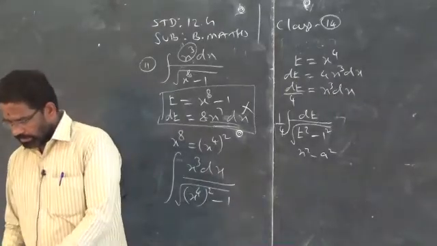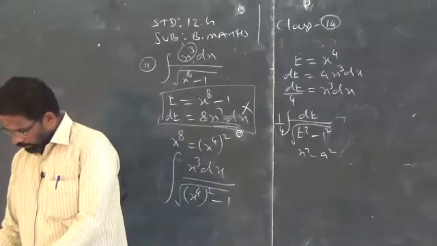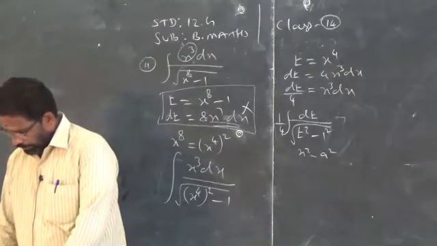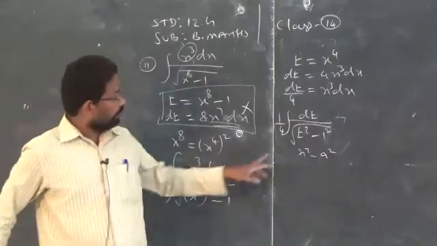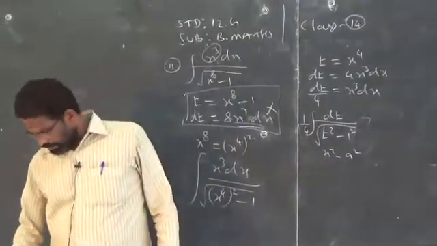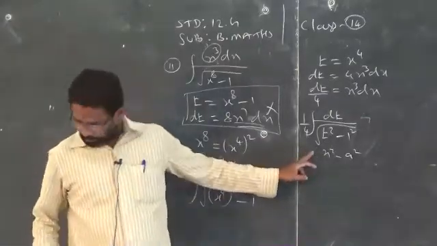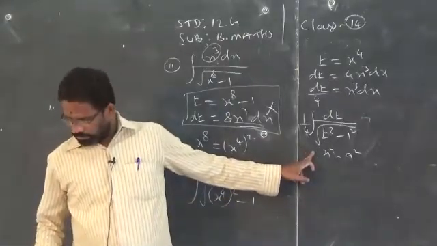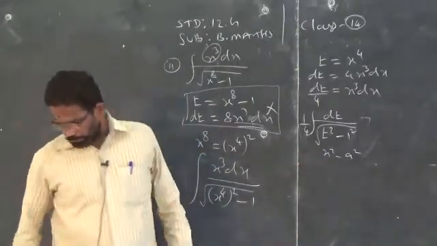What is the x square minus a square formula? Inside the square root, take again page number 59. Where is that formula? Square root of x square minus a square. Formula number 3. What is given?